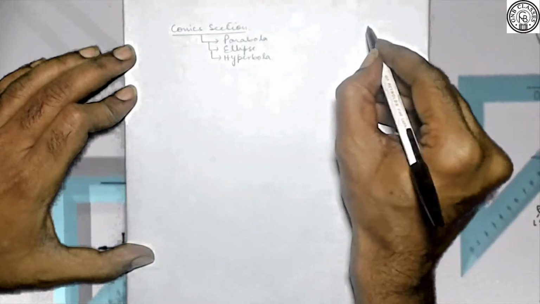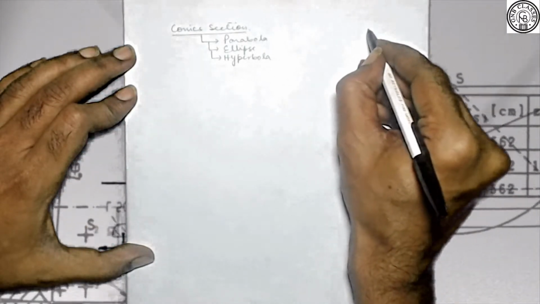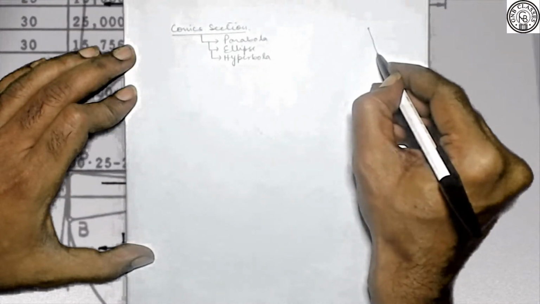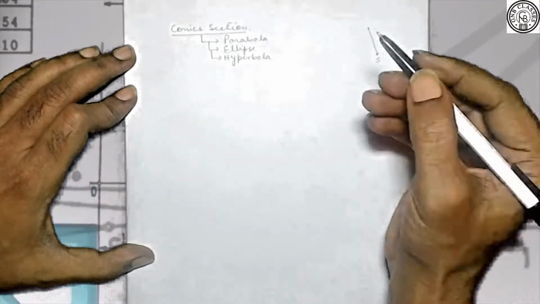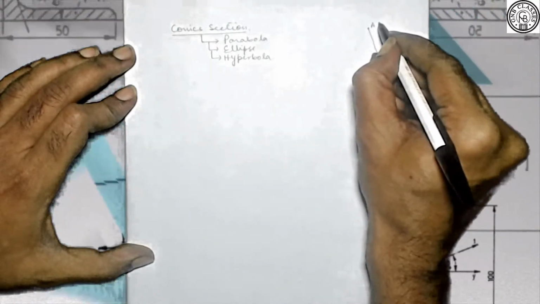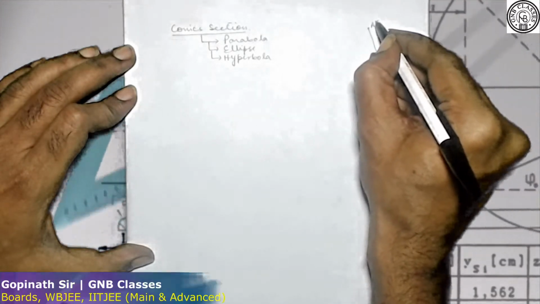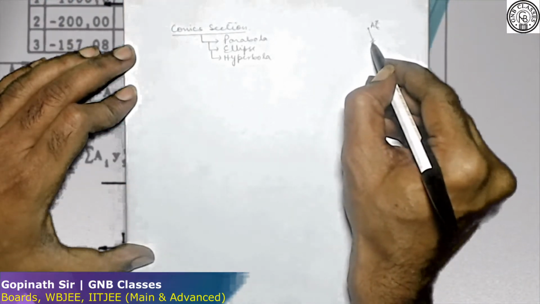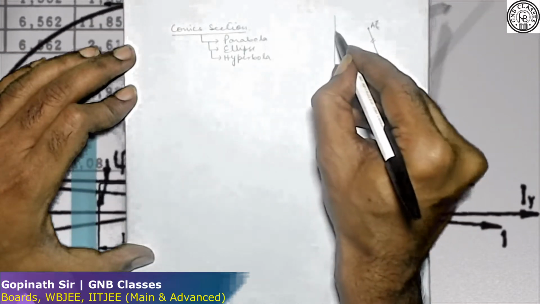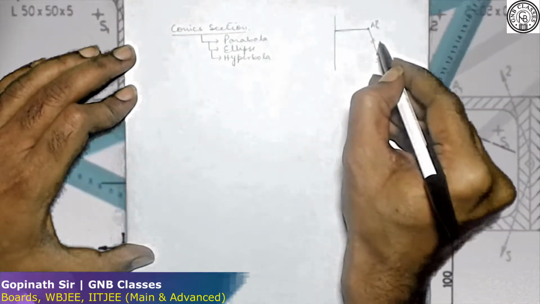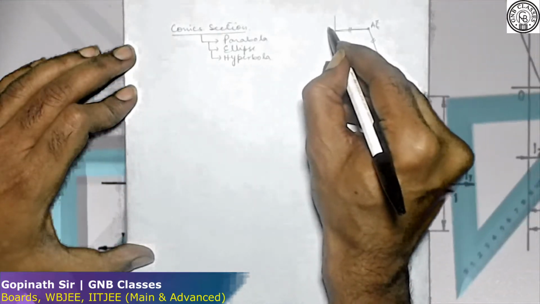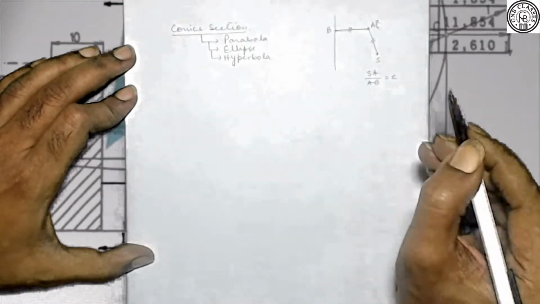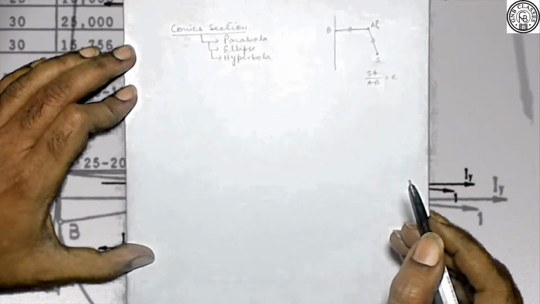Let us say the fixed point is S, and the variable point is A over here. The ratio of the distances, that is AC by AB, is always constant and termed as eccentricity.